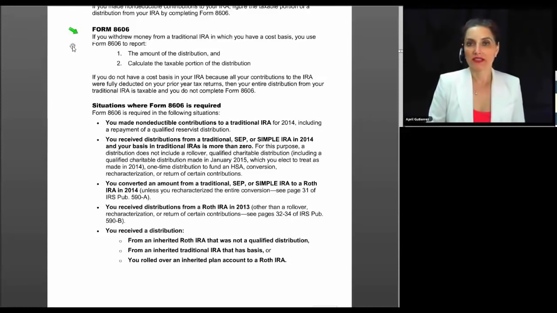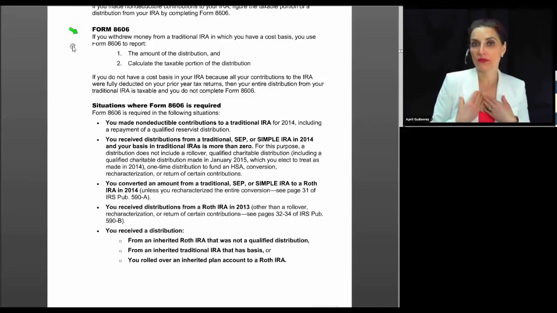Now, Form 8606, as I said, has two functions. It handles contributions to an IRA account, and it also handles distributions from an IRA account. You will use the form when you make a non-deductible contribution to a traditional IRA, or you make a Roth conversion from a traditional IRA or another kind of retirement account, or you do a recharacterization.